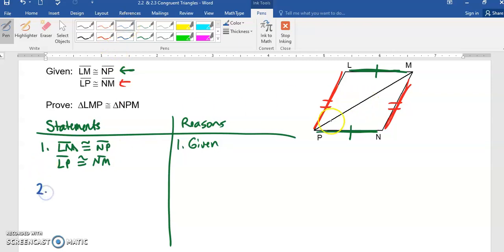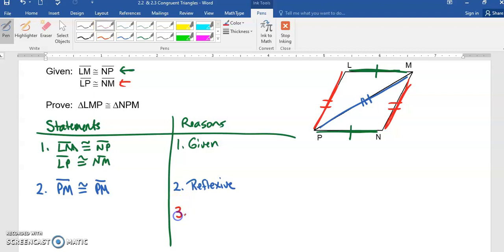And so what happens is this one has the shared side. The way we put that in a proof, because it has to be in there somewhere, is that PM is congruent to segment PM. When something's congruent to itself, it's that reflexive property. Okay, and now look at the picture. You can see it. It's marked.